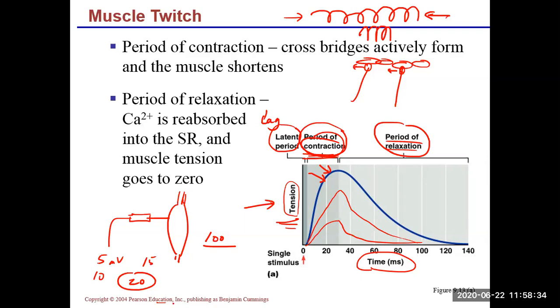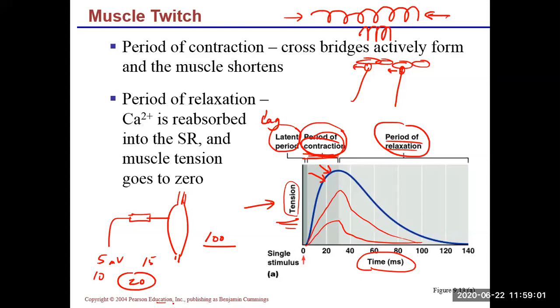ATP binds to the head. That's correct. So what happens is they get disconnected. Once they get disconnected, there is no more contraction. All of the events after that are during the period of relaxation. Some of you said that already. For example, ATP hydrolysis, yes, that happens in the period of relaxation.